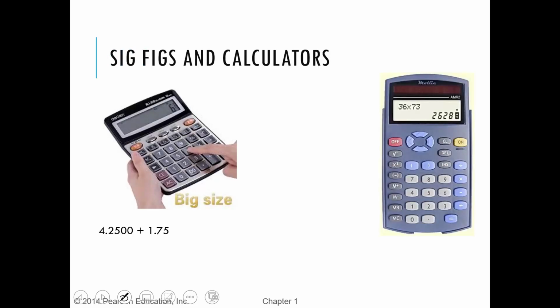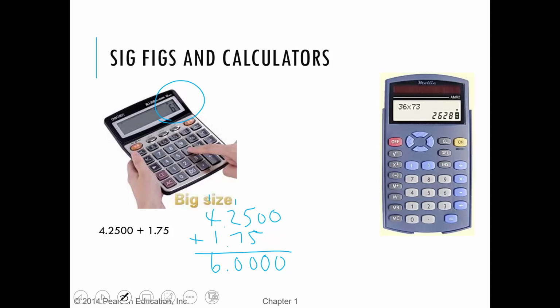Now, something to be careful of is your calculator, and being cognizant that your calculator is a tool and we need to know how to use our tools. So let's say, for example, I typed in 4.2500 plus 1.75. If you were to try this in your calculator right now, your calculator will probably tell you just like this one did, and it'll just say 6.